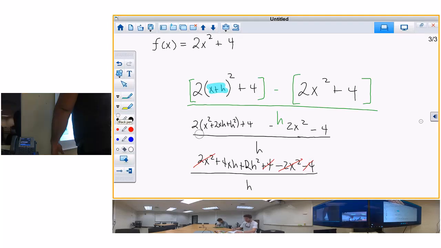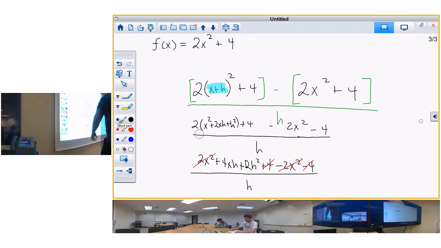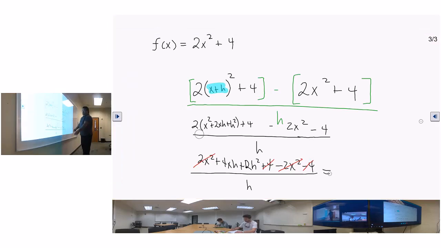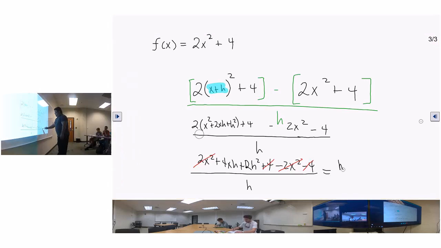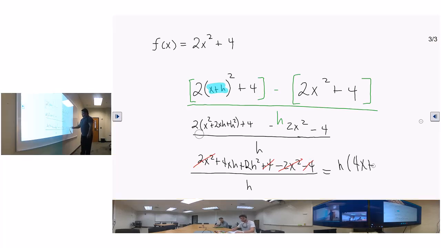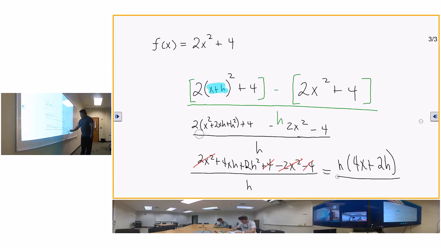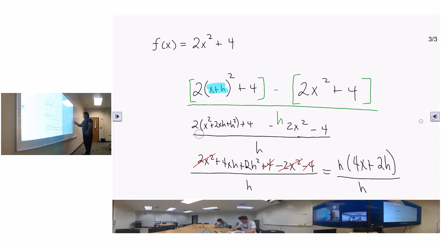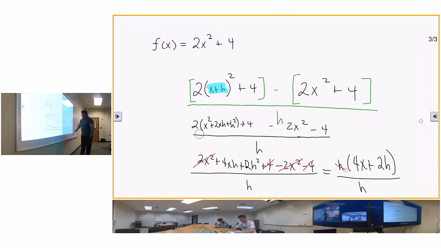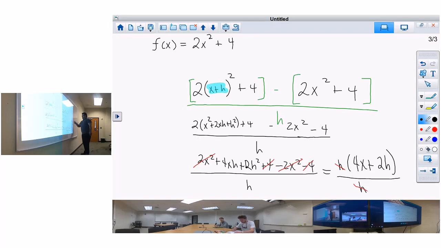Now you can skip a step here if you want to, and go ahead and factor out the h in your head. And that's going to give you h parentheses 4x plus 2h over h. Oh, man. You can factor out a 2 also. Oh, I don't care about that. That's something you can fix at the end.